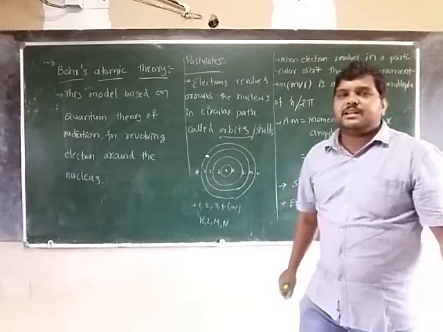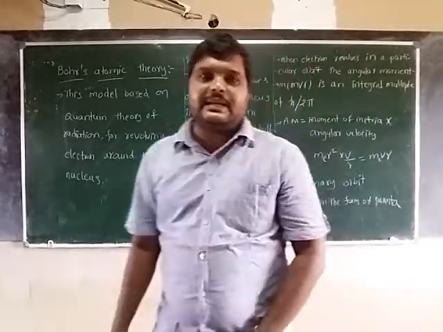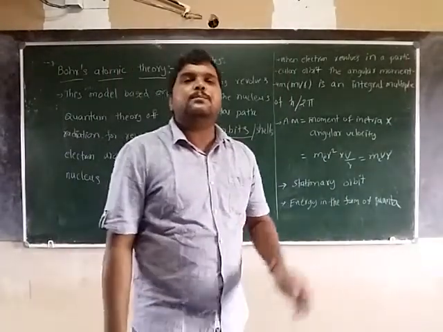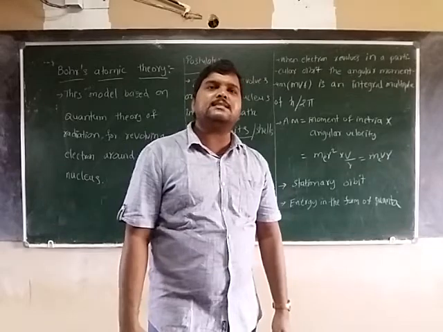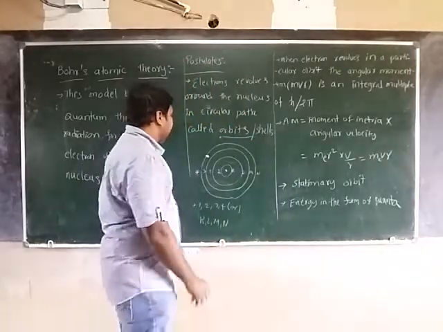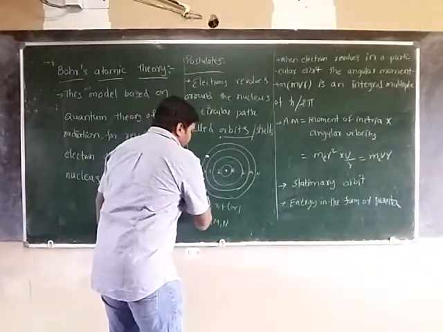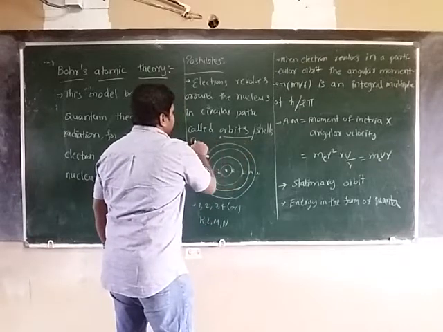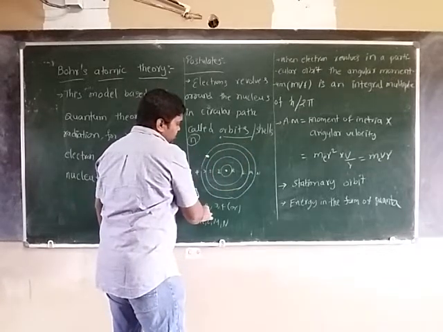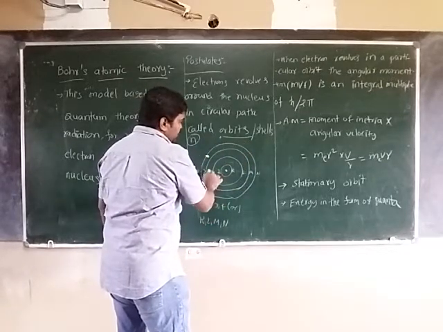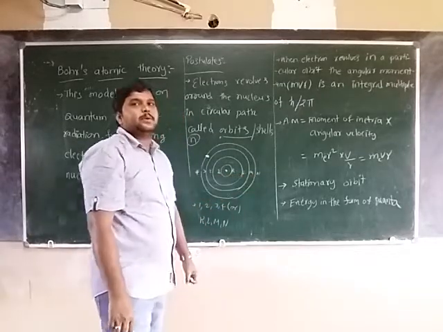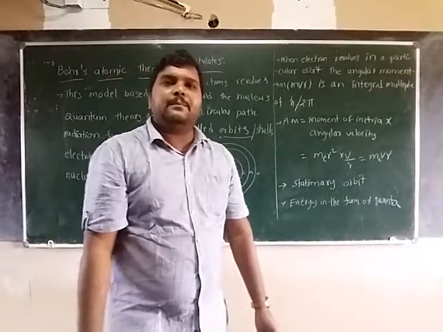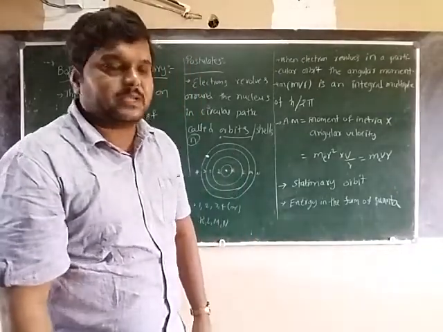When an electron revolves around the nucleus in a circular path, that path he considered as an orbit. He gave the orbits values n equal to 1, 2, 3, 4, or KLMN. So he has given the notations like KLMN or 1, 2, 3, 4.